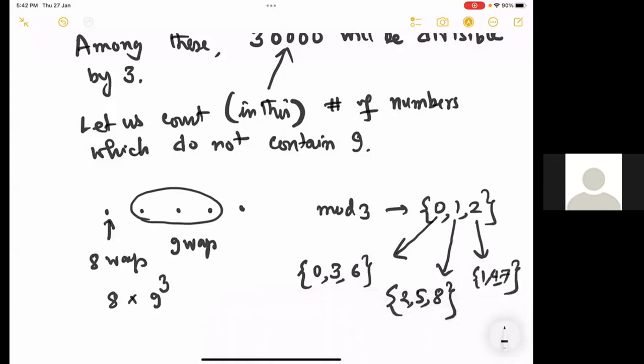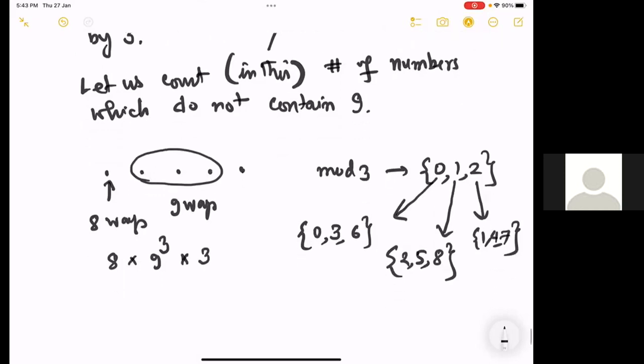That means after you do this, the next digit will be picked in 3 ways according to your modulo. So this is like 3. And now this is some number, and if you subtract this number from 30,000, I think you get exactly what Apratim wrote.